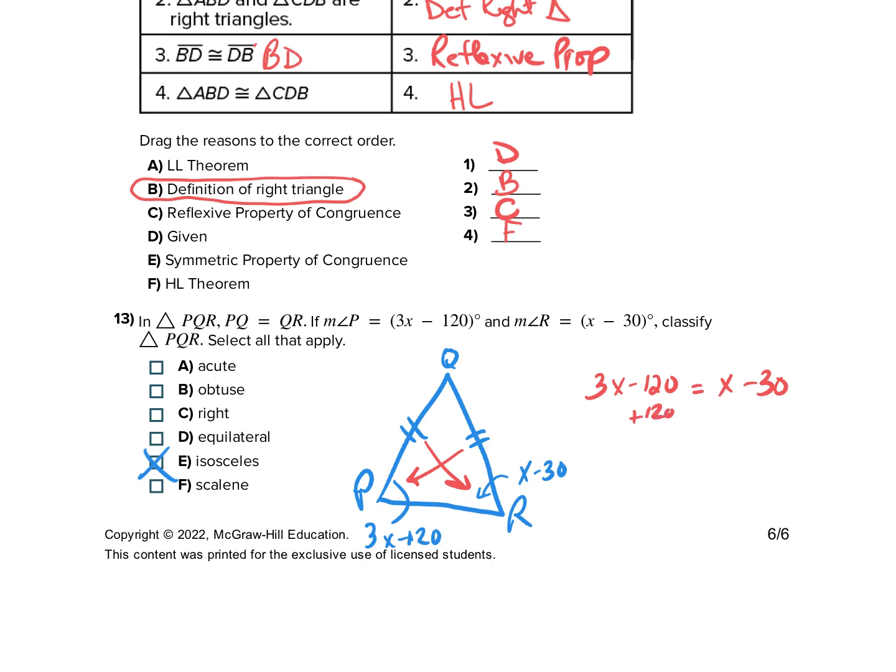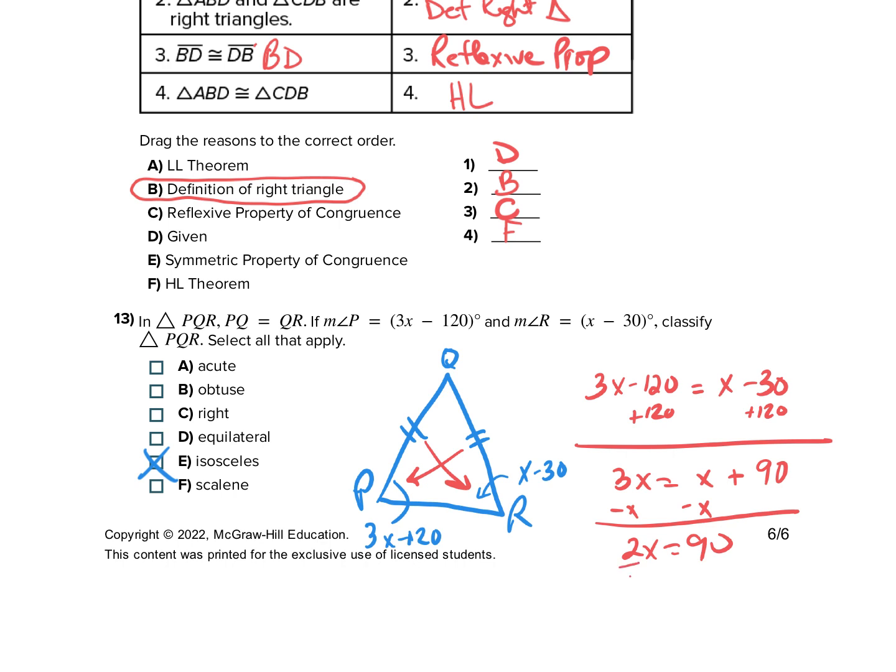So I'm going to add 120 to both sides. And minus x, so I get 2x equals 90. So when I divide by 2, x equals 45.